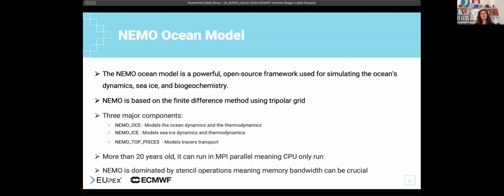It has been developed for more than 20 years, and it can run on a CPU-only system because it's using MPI-based parallel computing. NEMO is dominated by stencil operations. It means that memory bandwidth can be a key performance factor for it. So porting it to GPU can be beneficial because the high memory throughput of GPUs is well suited for such a workload.